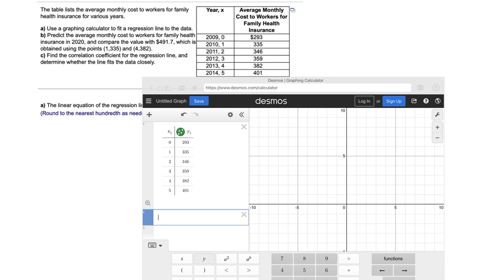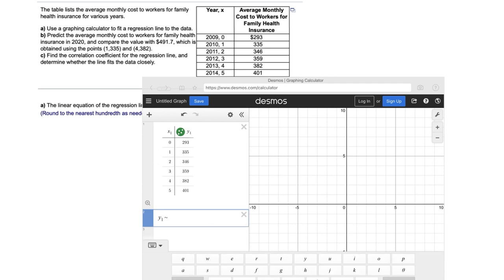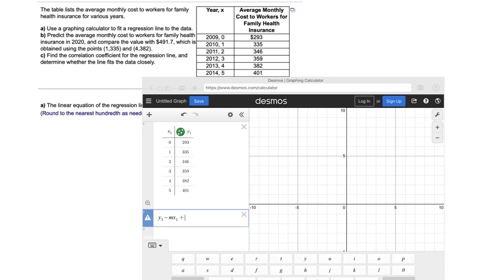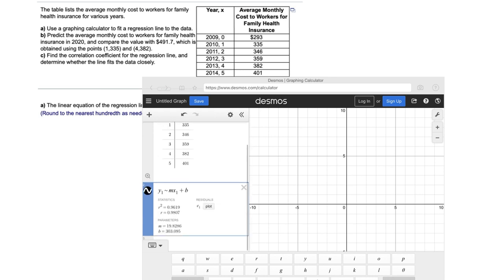So, okay, it's y1 tilde, and that sort of stands for equal sign, or it's telling you to look at the data and get a relationship. Okay, x1 plus b. There we go. Okay, so there I have my slope and my y-intercept.